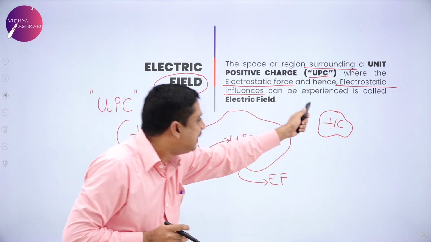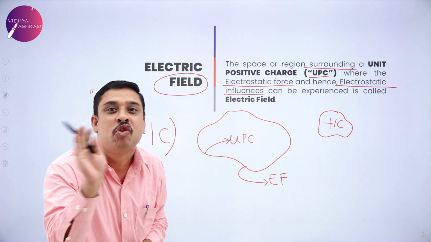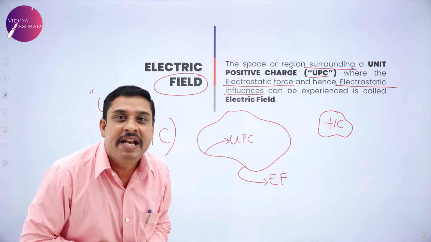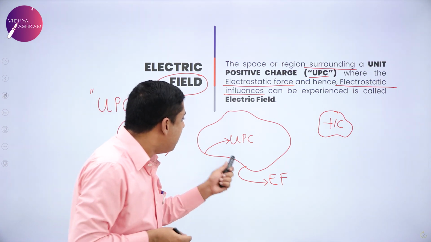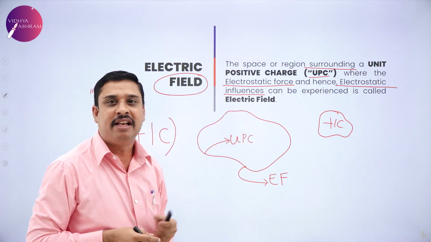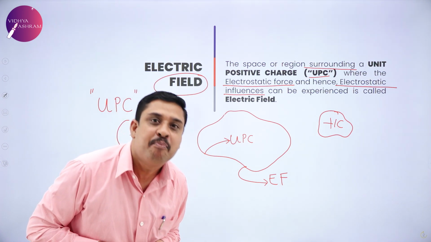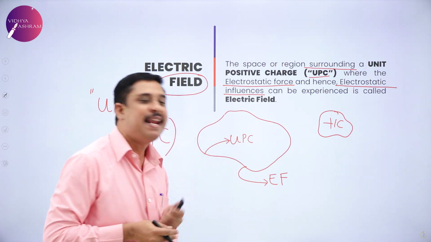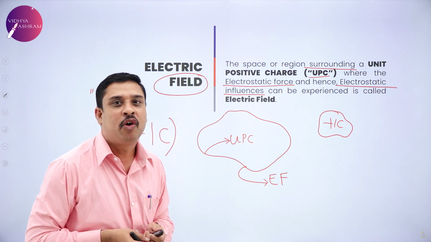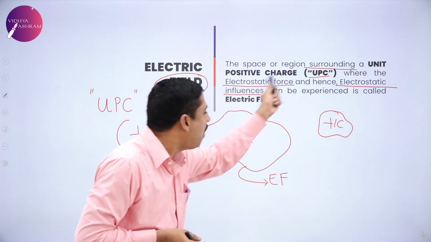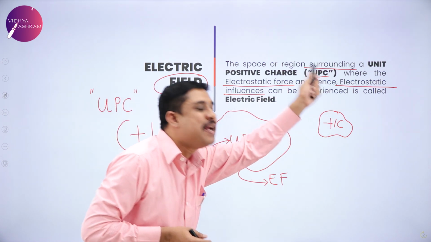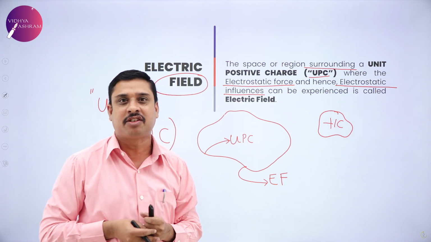Because this charge is not under the influence of my concerned electric field. It doesn't experience any impact due to this electric field. Therefore, this field is not an electric field for my second considered charge.